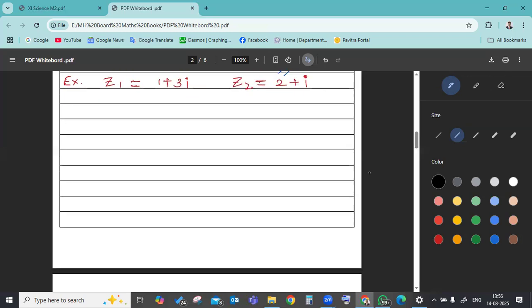So Z1 multiplied by Z2 will give us 1 plus 3i into 2 plus i. So this gives us, first bracket first number into second bracket: 1 into 2 plus i, plus 3i into 2 plus i, right?